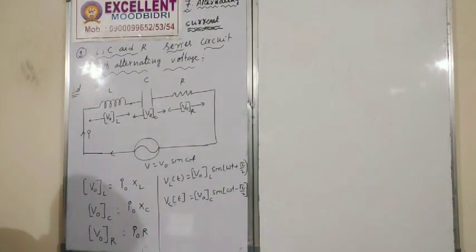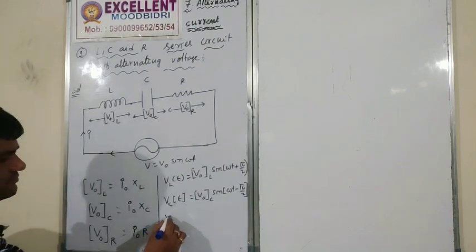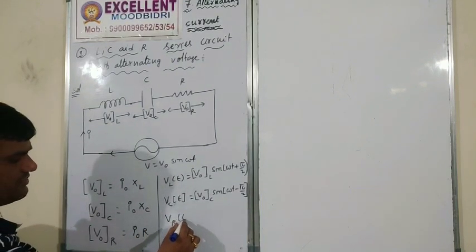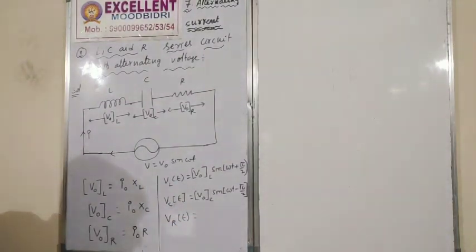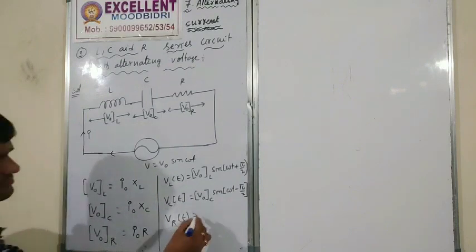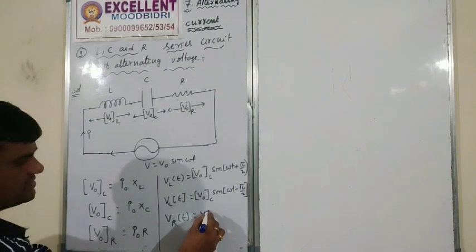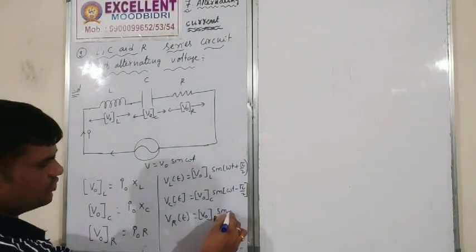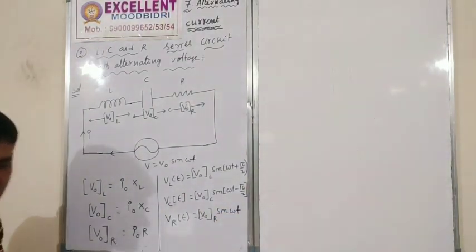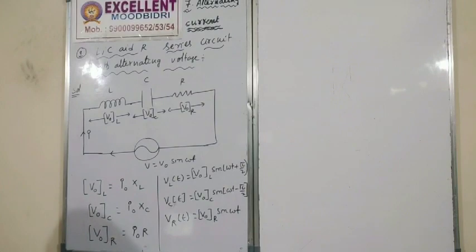Similarly VR with respect to time is the same: V naught R sine omega t. These are the first observation values.